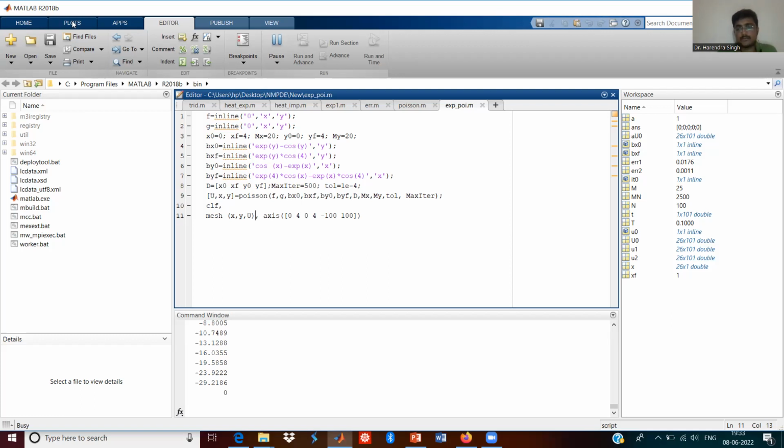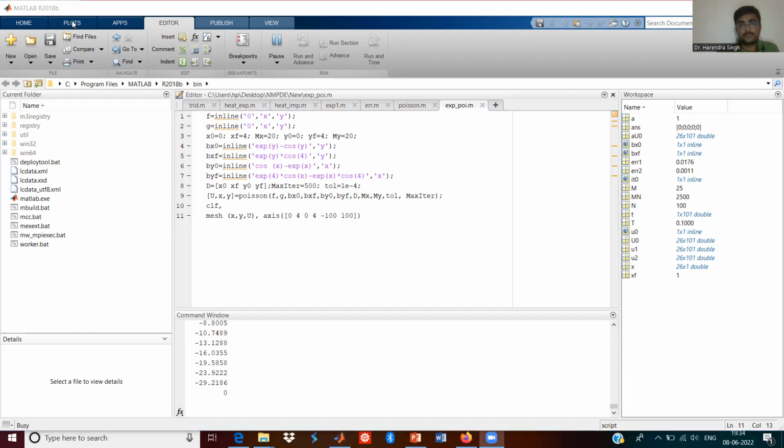Once you have written the program, just enter the initial and boundary conditions. It is running. You can see that it is showing busy here.